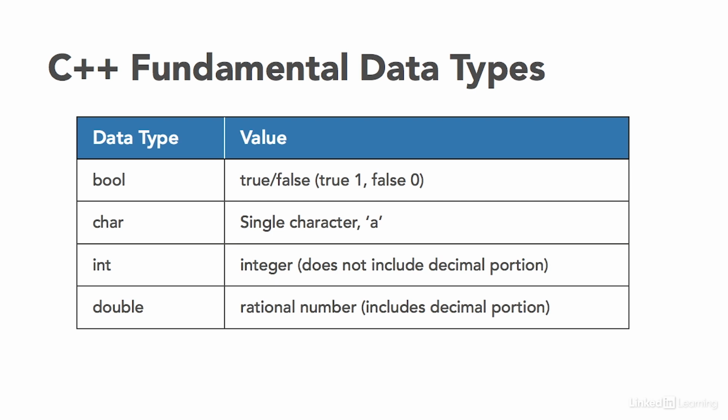This is a single character, and it's always enclosed in single quotes. So it's one character. It could also be a number in single quotes, or even a symbol in single quotes. Followed by int. Int is short for integer, and it does not include the decimal point. Double is a rational number that does include the decimal portion.